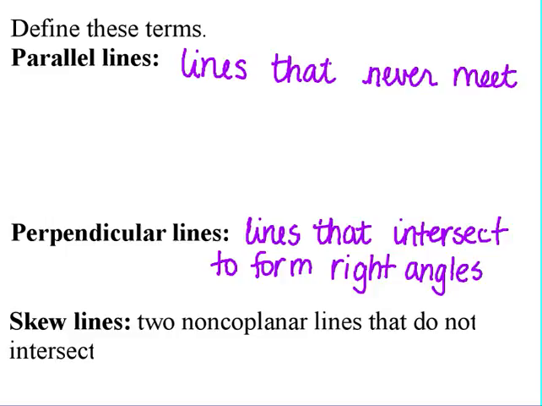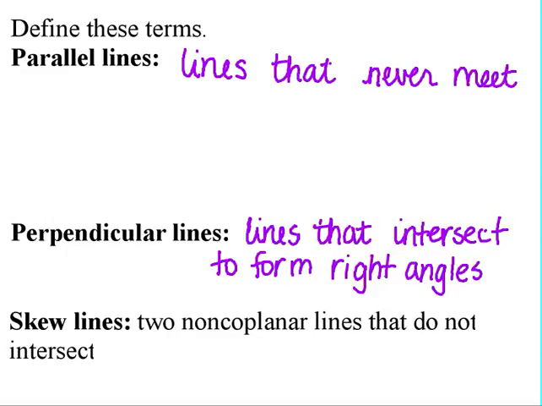When we think of skew lines, I like to think about a room, something visual. If I took the line in that corner over there by Kelly, see how that line goes up and down? And then let's say I took the line that goes along this wall, where it meets the floor. Do you see that those would never intersect? This one would keep going forever and ever, and that one just goes up and down.